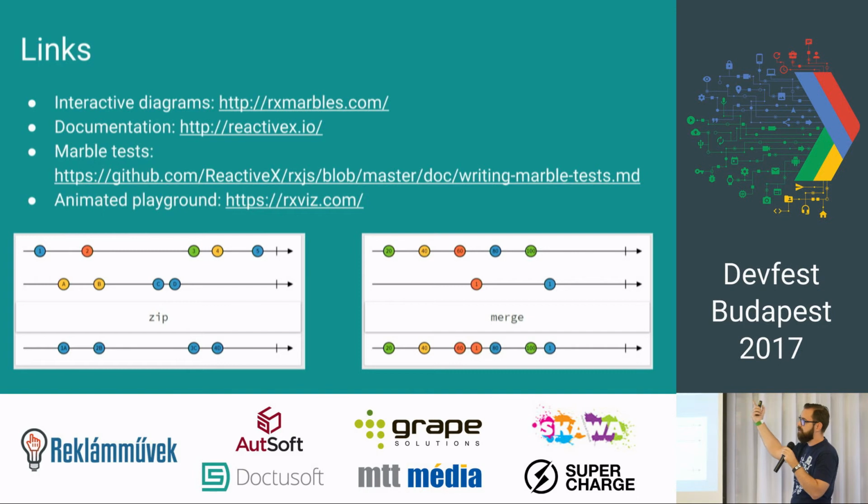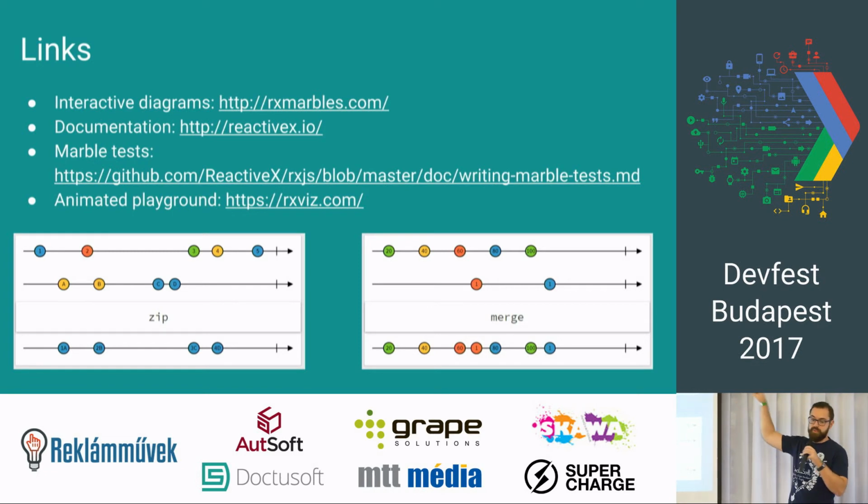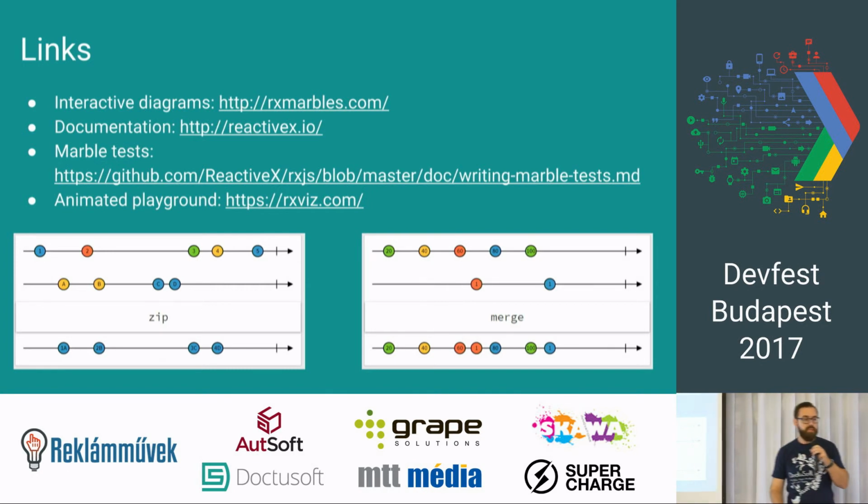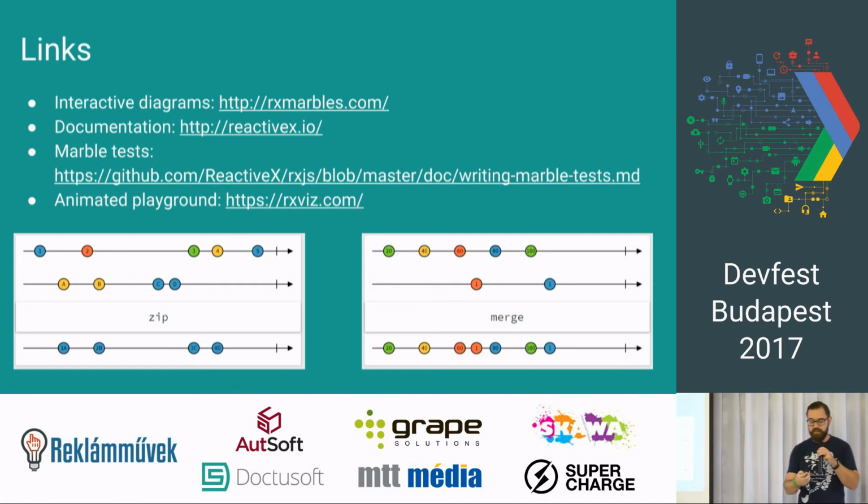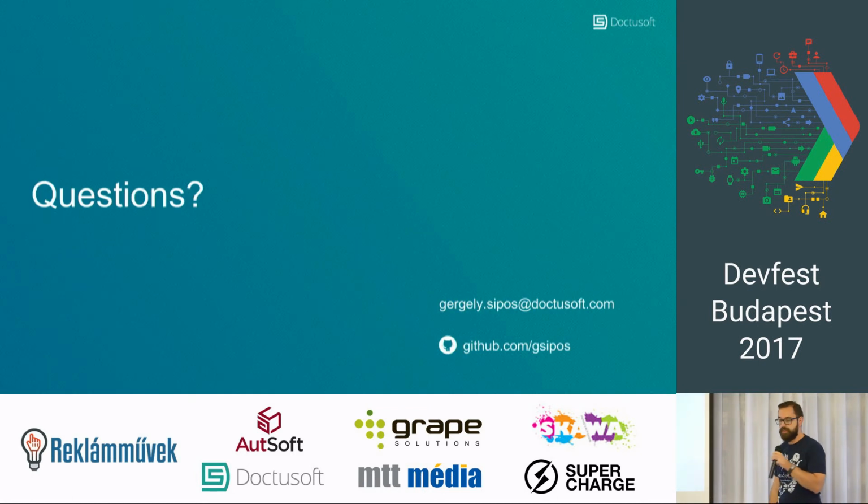Also, the documentation, of course, and you will find the marble testing description, how to test your pipelines. And also, there are a lot of animated playgrounds, like RxViz is really good. You just write some code and you see immediately how it emits data and works. So that's it for me.